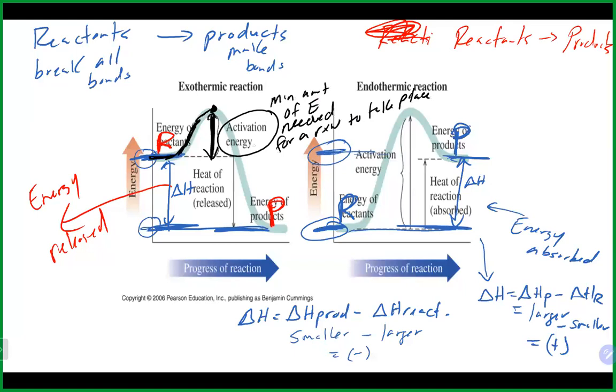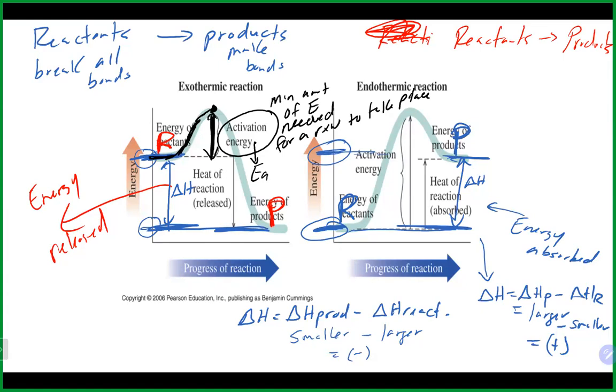It is also sometimes referred to as E of A. So if you see E of A, that refers to the activation energy. It is the minimum amount of energy required for that reaction to take place, which means when those guys collide, if they don't have that amount of energy, you're not going to get any products to form. So they need an amount of energy to get there.